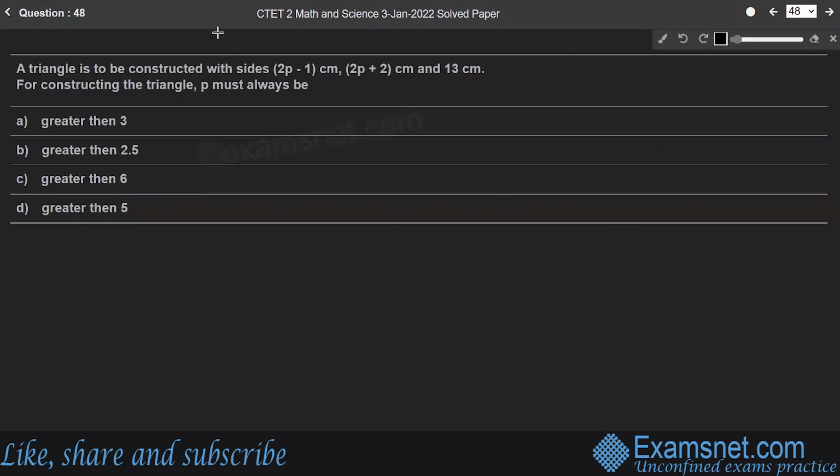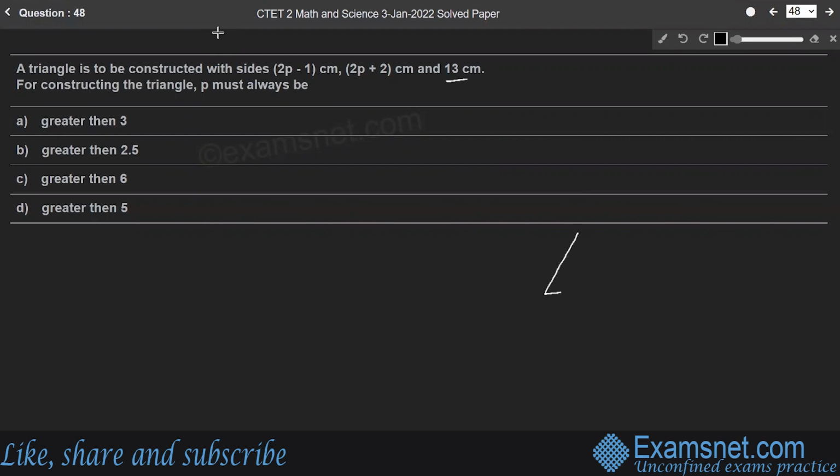Question number 48. A triangle is to be constructed with sides 2p minus 1 centimeter, 2p plus 2 centimeter and 13 centimeter. For constructing the triangle, p must always be. Here, a triangle can be drawn only if the sum of any two sides of the triangle is greater than the third side.